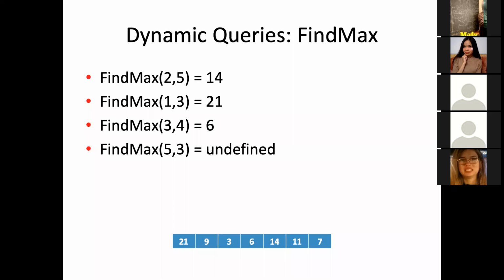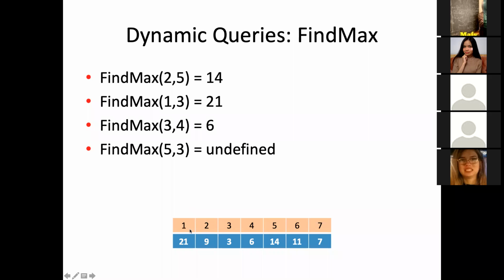And I will be given indices. So I'm also showing you the index values up there. So if I ask you to find the largest item between 2 and 5, 2 and 5 goes through here. The largest item, of course, is 14.